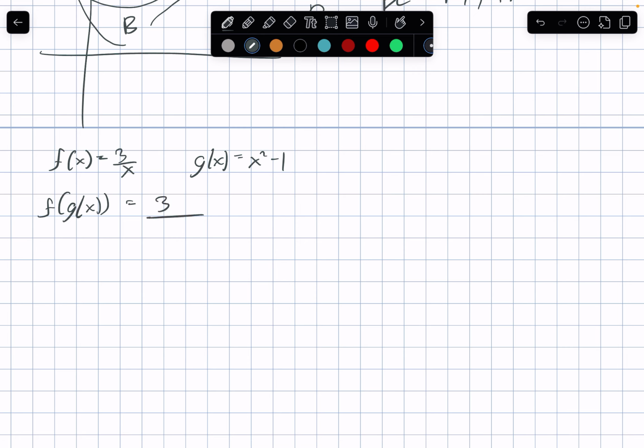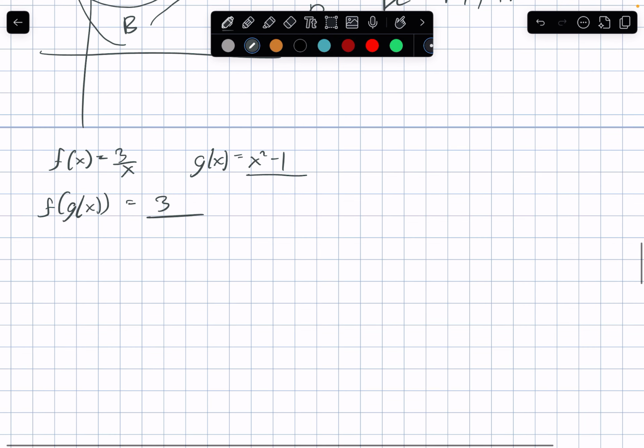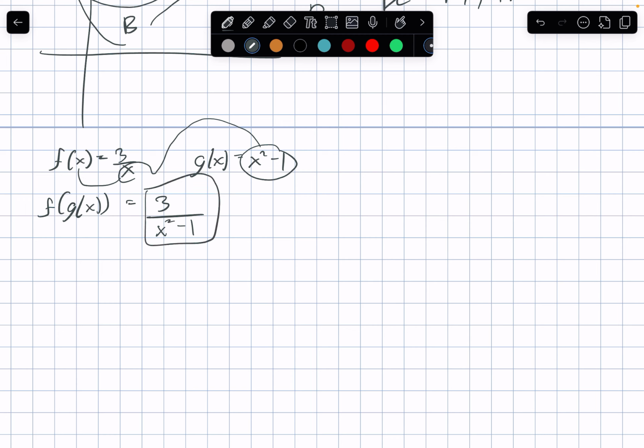So we write that down, and the x, you substitute with whatever is inside. So that's g of x. G of x is x squared minus 1. Basically, substitute this at the x value of f of x. So it's going to look like this. That's it. How about the other way around?